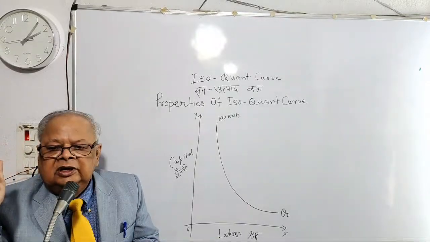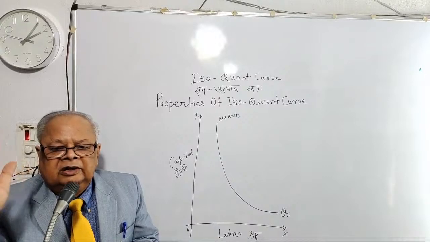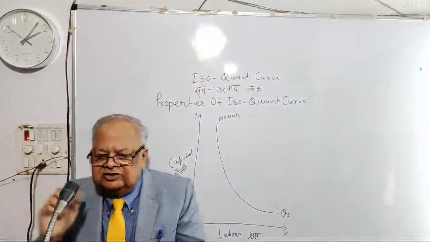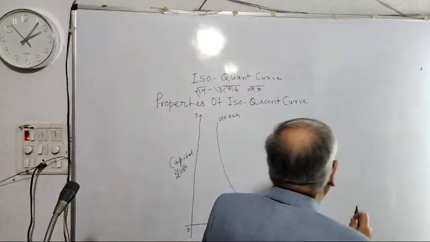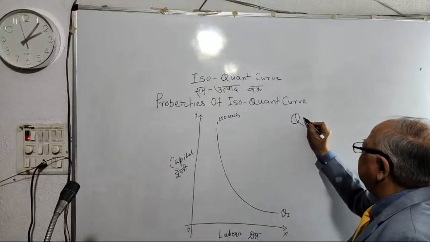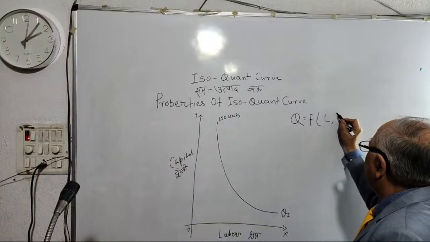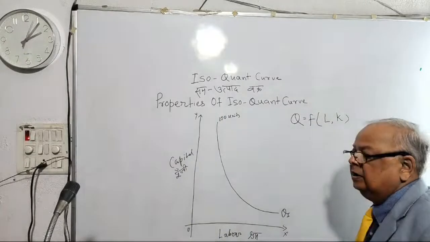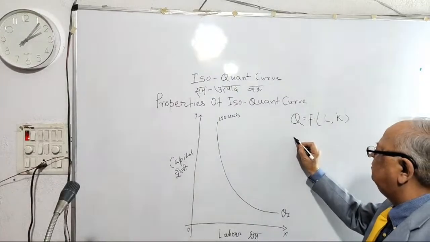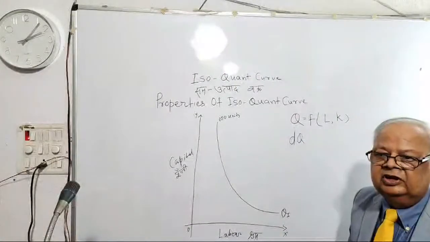Production is a function of labor and capital, and in equation form it will be like this. In economics, the most important factor is dQ, that is, the differential.